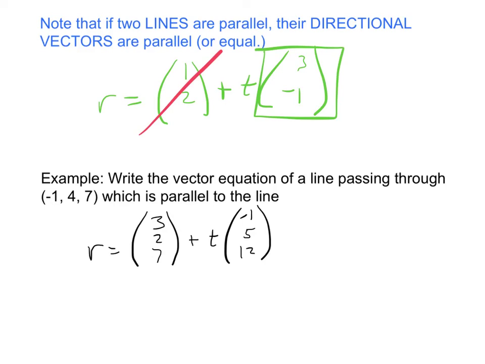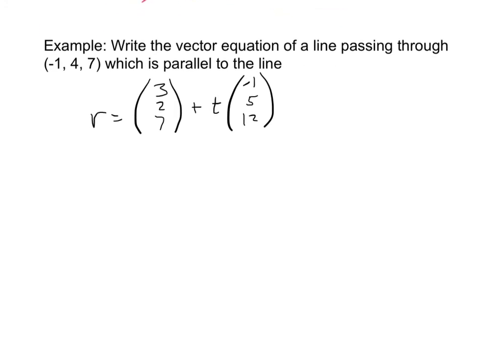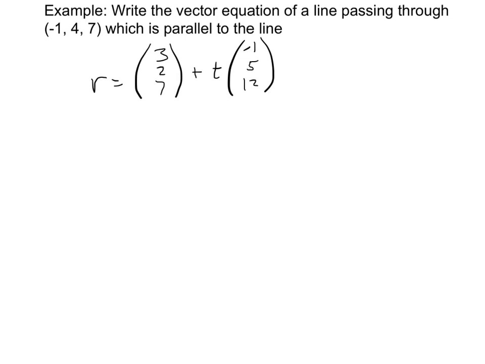So as an example, suppose you're asked to write the vector equation of a line passing through this point, which is parallel to this line. The idea is if the two lines are going to be parallel, then they have to have either the same directional vector or a parallel directional vector.